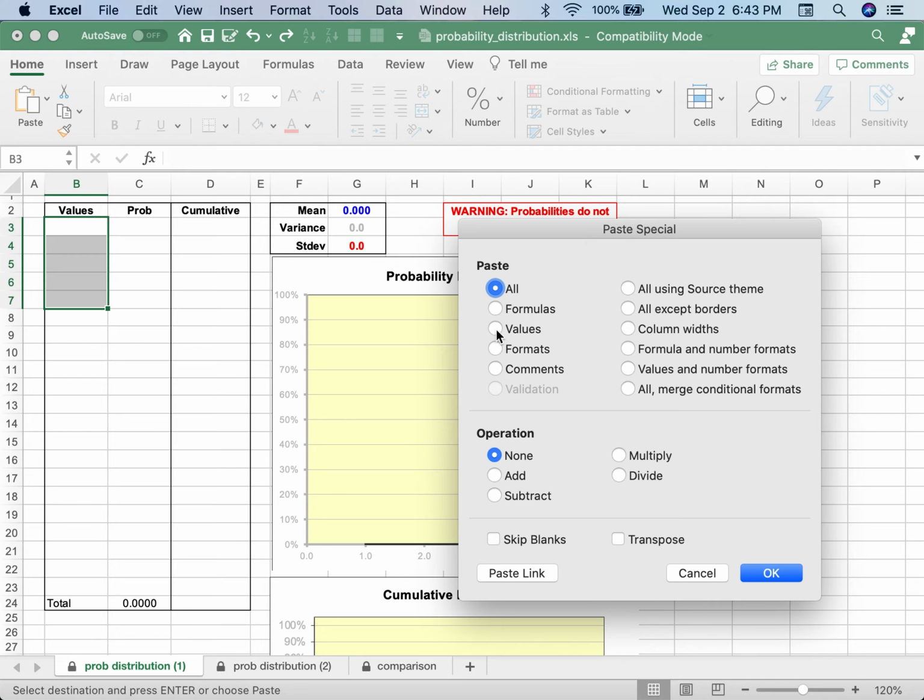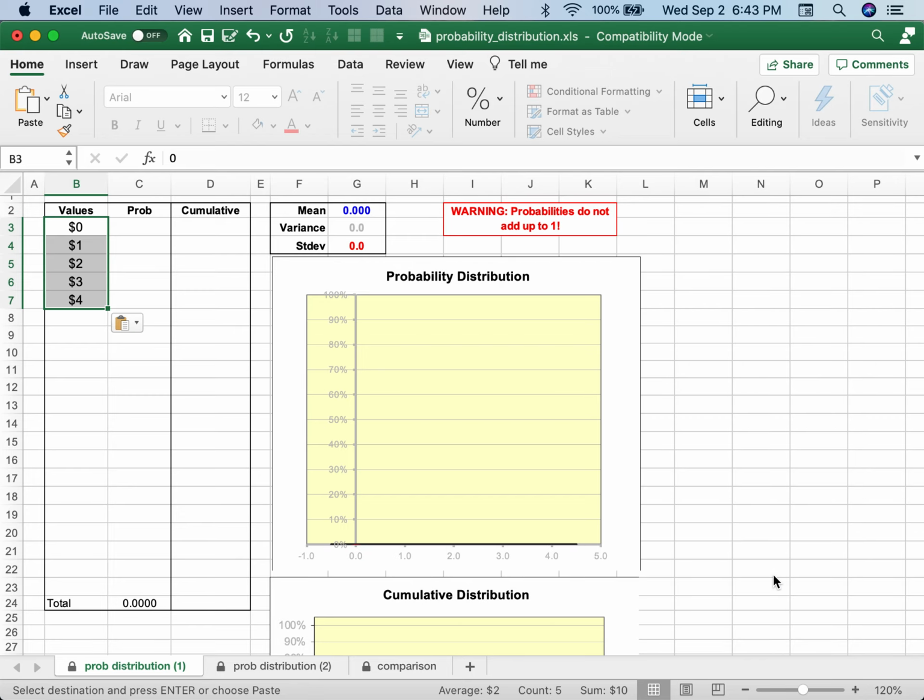I want it to put just the values in and to transpose them. Okay, so that way it doesn't mess up whatever formatting is there. And the formatting is not right for this one, so I need to get rid of the formatting there that is in dollars and change that formatting to just a number.